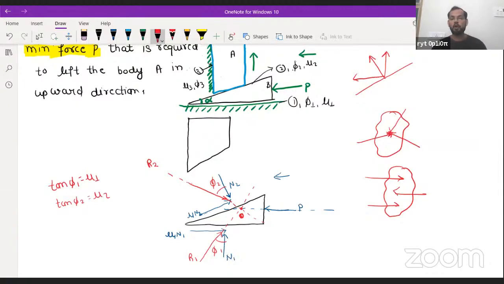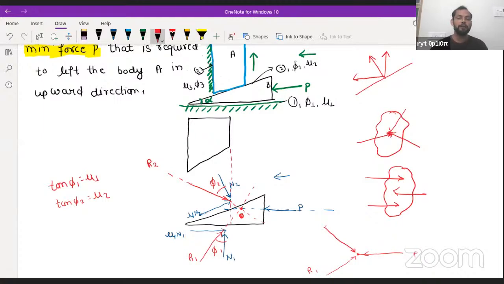So right now I am drawing the diagram. This is force P, this is force R, this is force R1, and this is force R2. R2 is making phi 2 angle with N2, and what about the angle with the vertical?